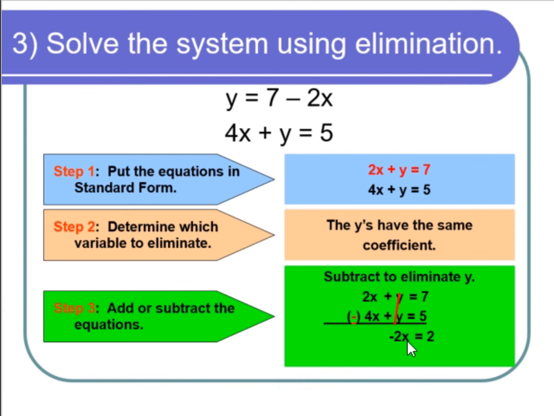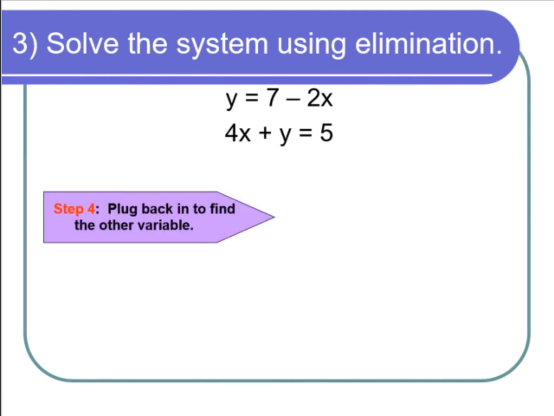The coefficient of x is negative 2. We divide both sides of the equation by negative 2. So, negative 2x divided by negative 2 is equal to x, and 2 divided by negative 2 is equal to negative 1.